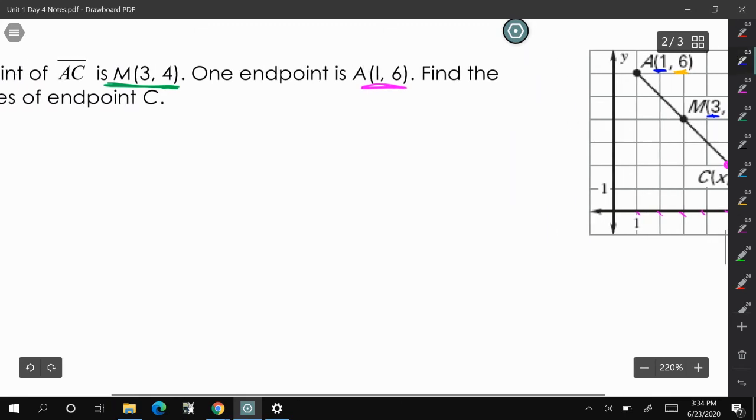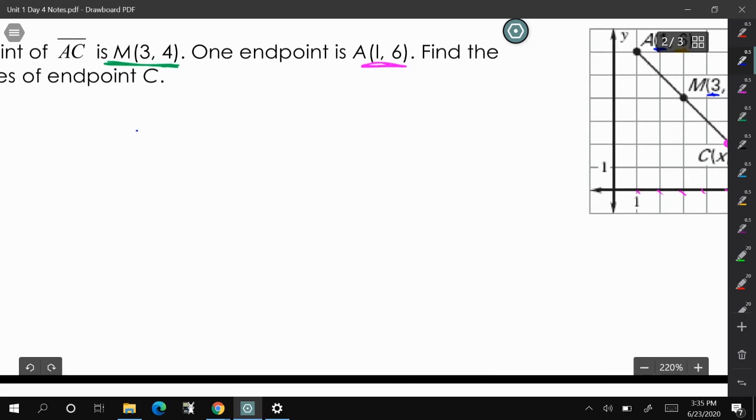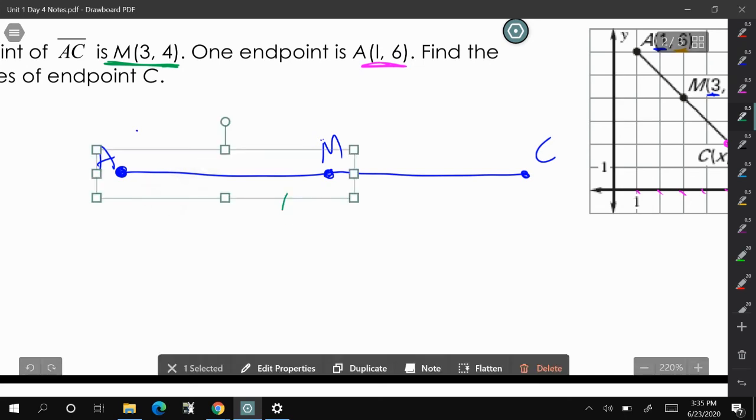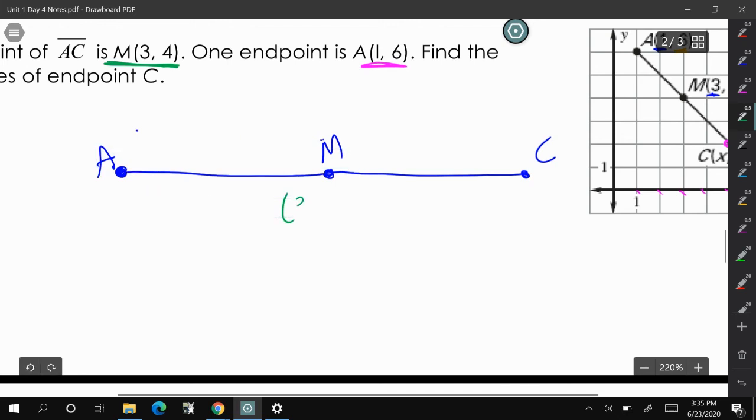Without a coordinate grid, how I usually do it is I have A, we have M, and we have C. And we know that point M is 3, 4. We know that A is 1, 6.